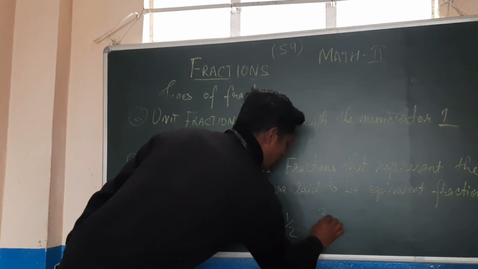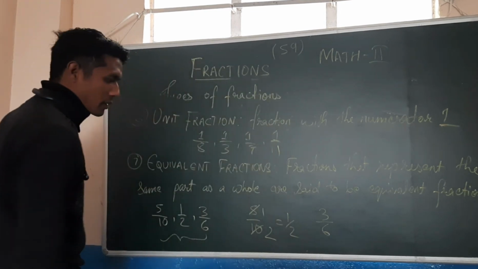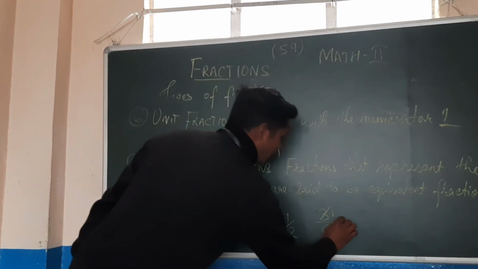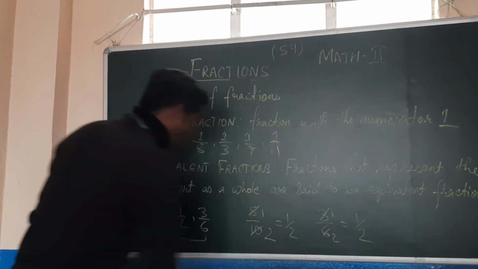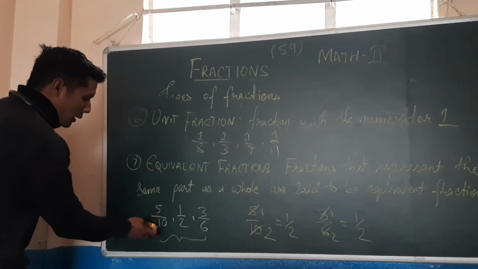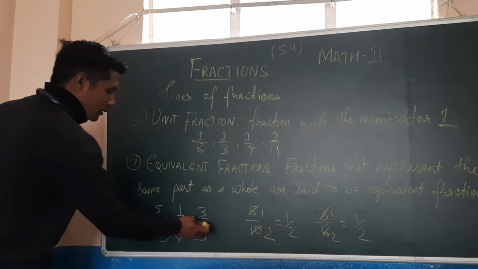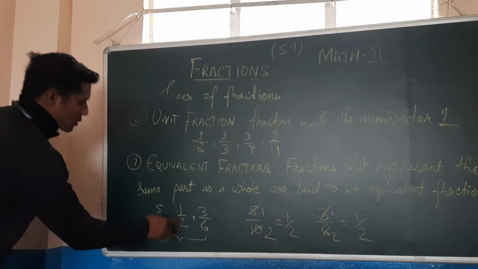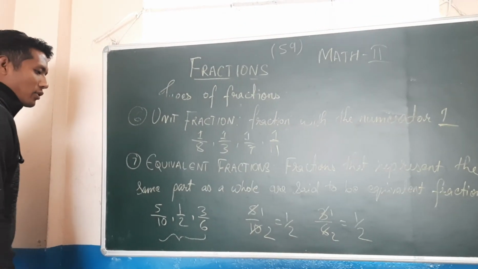If you look at another fraction, that is 3 by 6, and if you divide with 3, 3 ones are 3 and 3 twos are 6, it is equal to 1 by 2. Ultimately, either it is 5 by 10, 1 by 2 or 3 by 6, the resultant fraction is 1 by 2. Thus, these types of fractions are known as equivalent fractions.